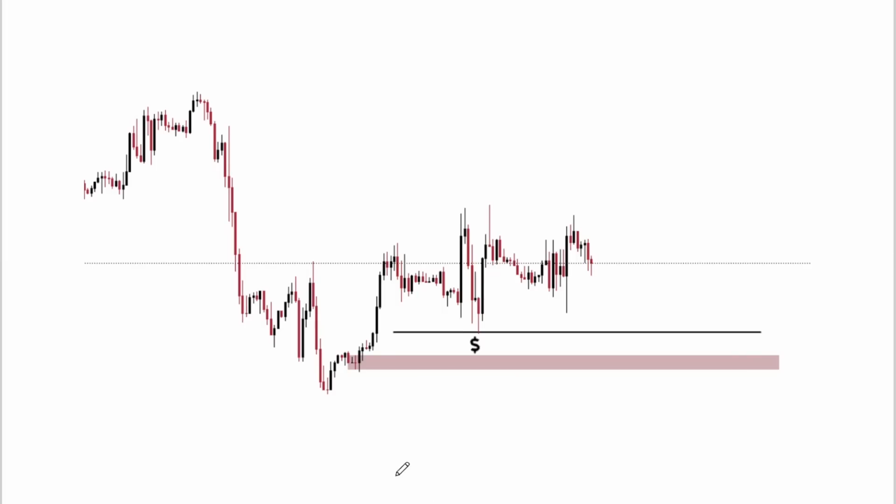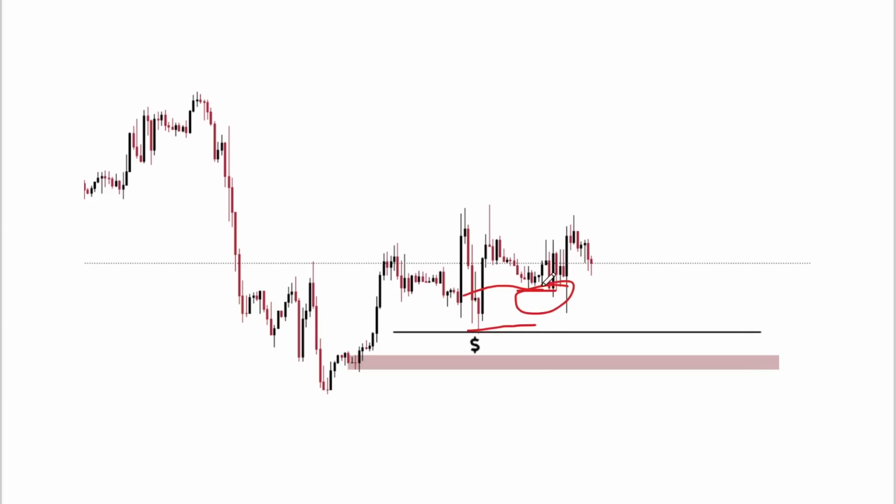So here's an example. You can see this is your point of interest. Price forms a fake swing nearby your point of interest to induce traders. And not only that, there's multiple deceptions here. You have a bullish order block right here.